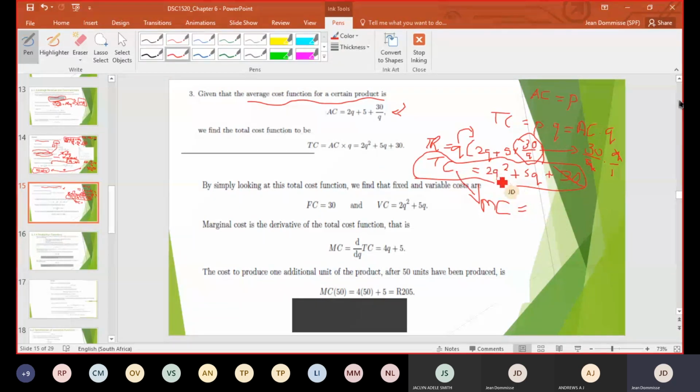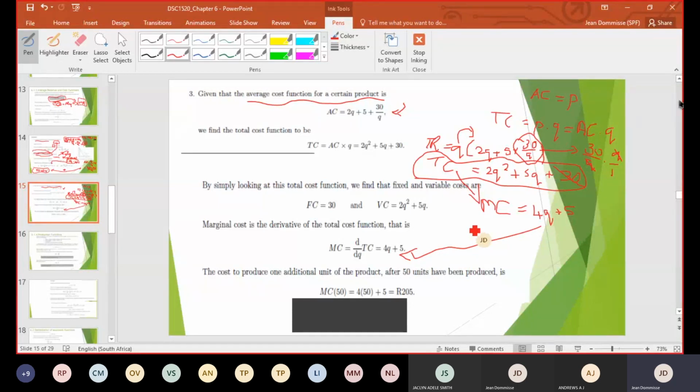So it will be 2Q to the power of 2, so 2 times 2, which will give you 4, and Q to the power of 2 minus 1 will be Q. 5Q, if we differentiate that, is plus 5. So you will see that the marginal cost is 4Q plus 5.